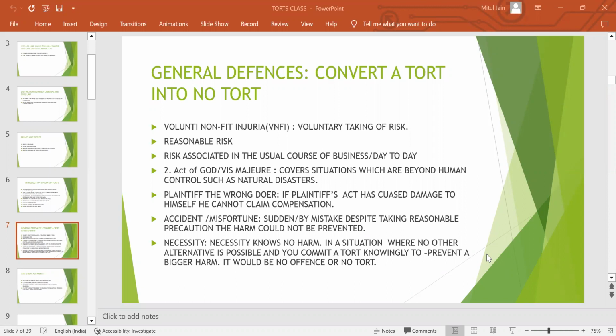Can you claim compensation from the car wala? The answer is a clear no. Why? Because you yourself are responsible for the damage that you have suffered. Now, what is important to understand here is that it is different from voluntary non-fit injuria. How is it different from voluntary non-fit injuria?